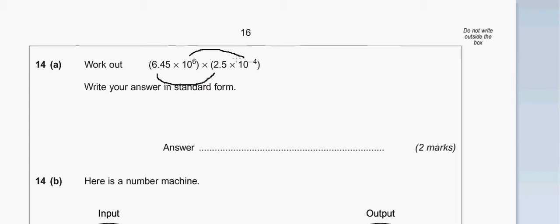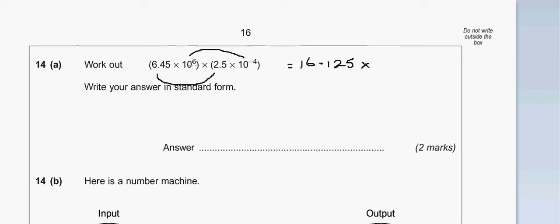So 6.45 multiplied by 2.5 is 16.125. So this gives us 16.125. And remember, that's still going to be multiplied because it's in standard form.